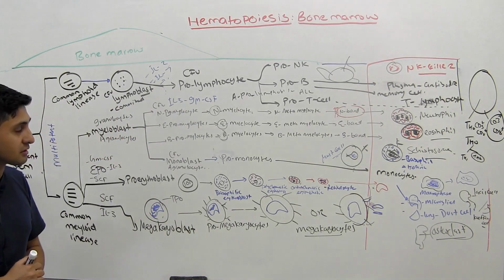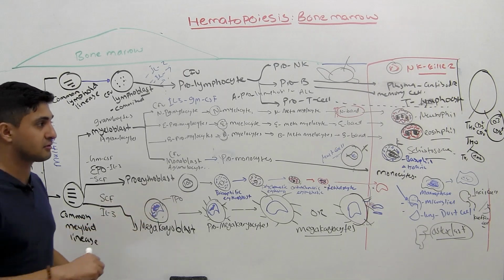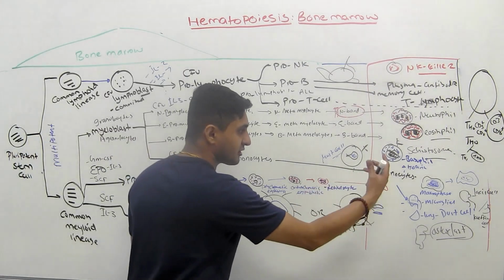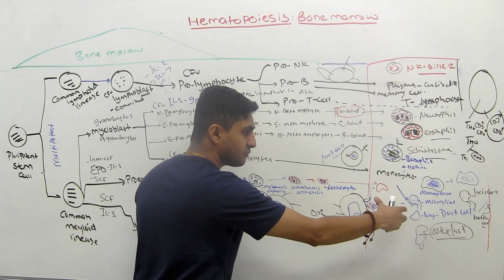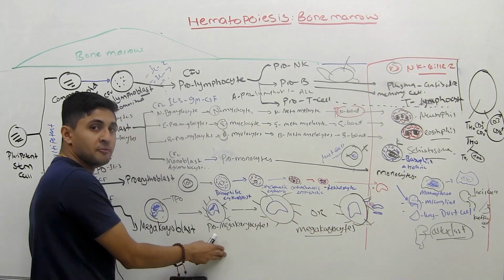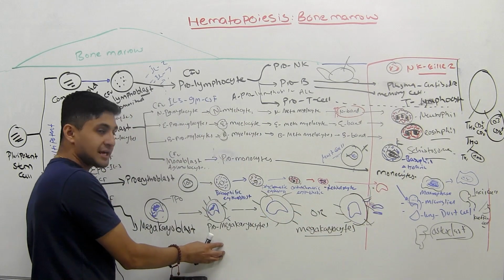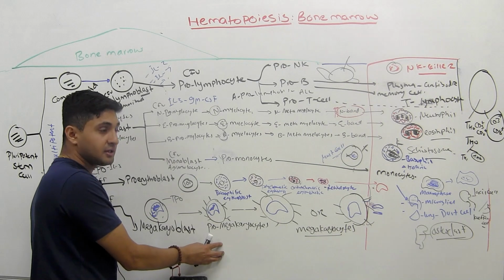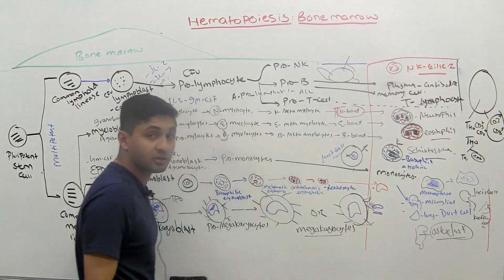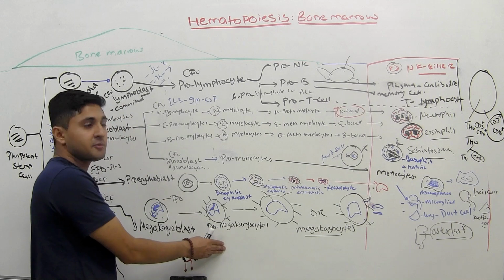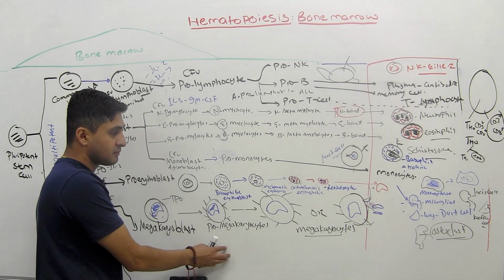Because of that, even though the stem cells are floating around in the bone marrow house, later they will go and sit at the bone marrow itself. They don't like to stay in the periphery for a very long time. They like to stay in the bone marrow, okay?